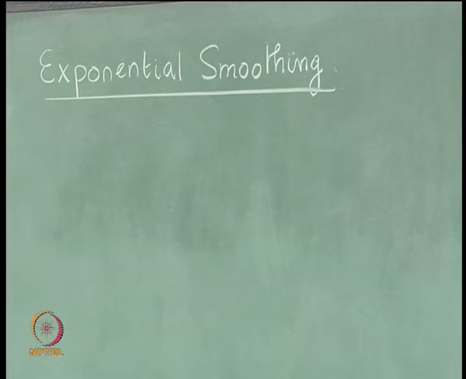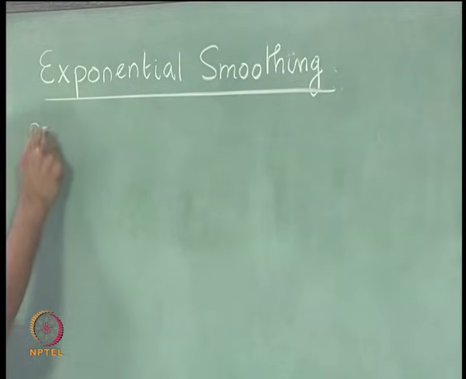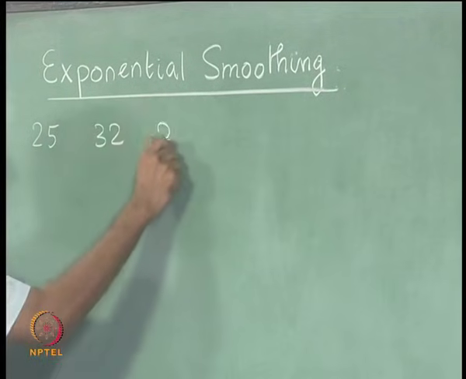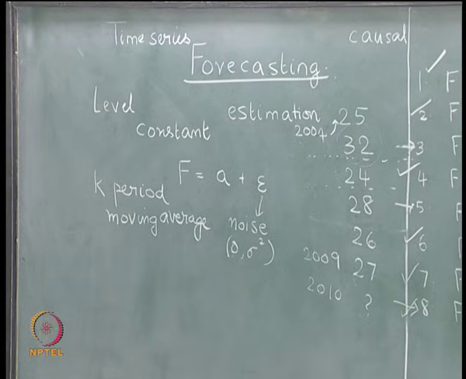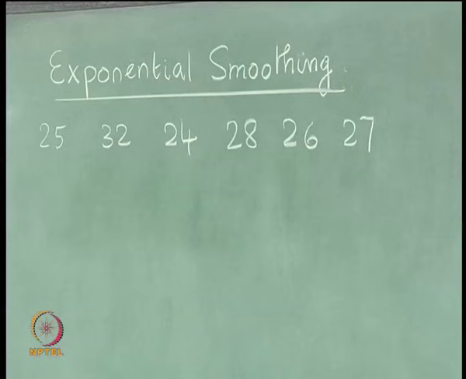Now, let us look at the 6 pieces of data: 25, 32, 24, 28, 26 and 27.